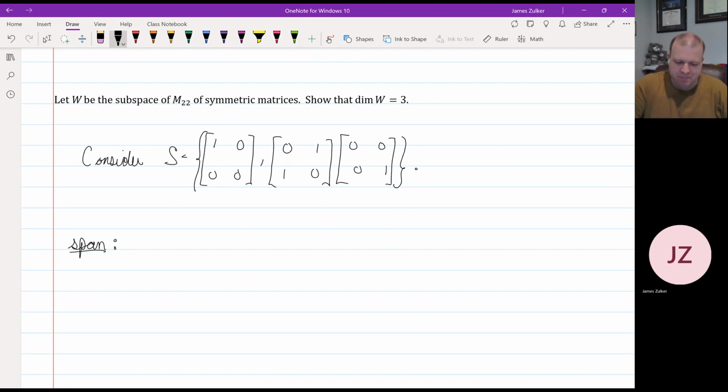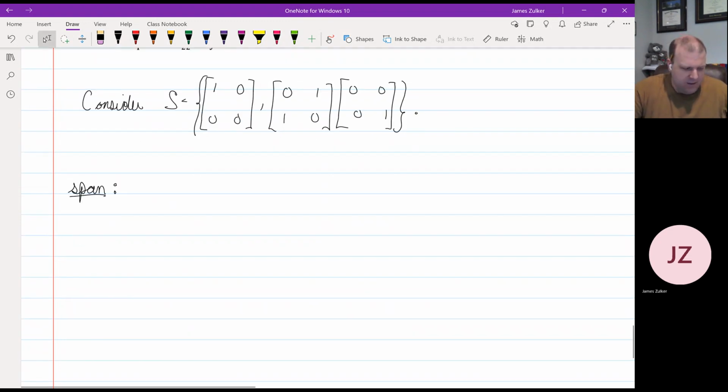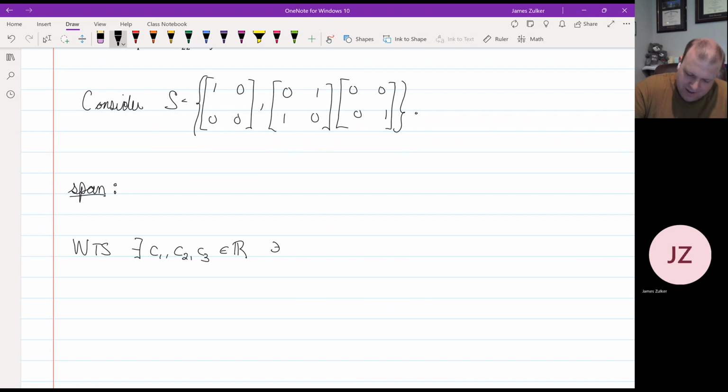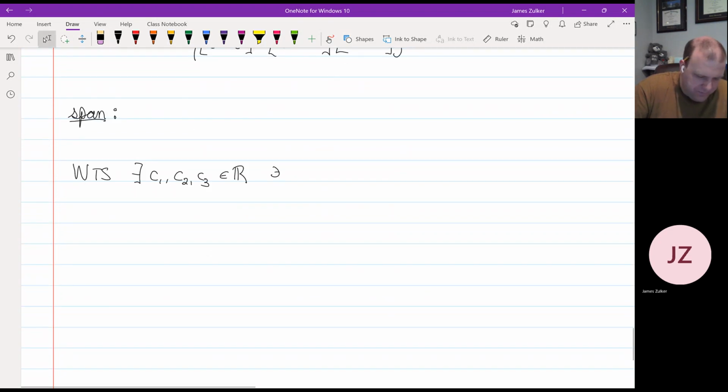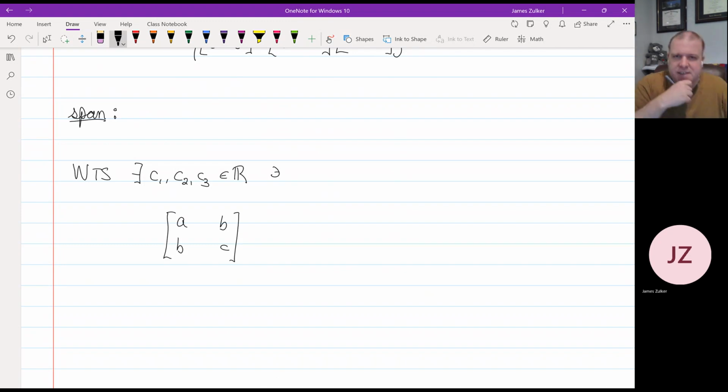So check for span. Right, so we want to show that there exist C1, C2, and C3 such that A, B, B, C, right?